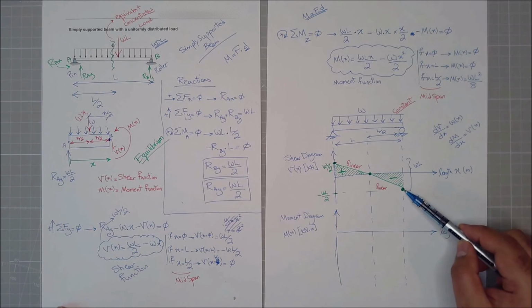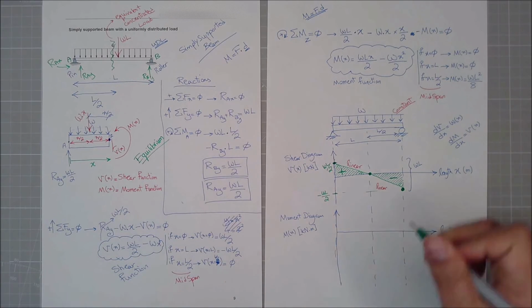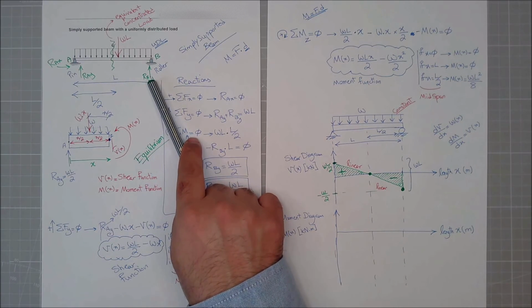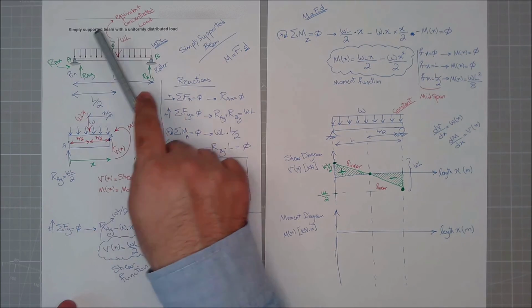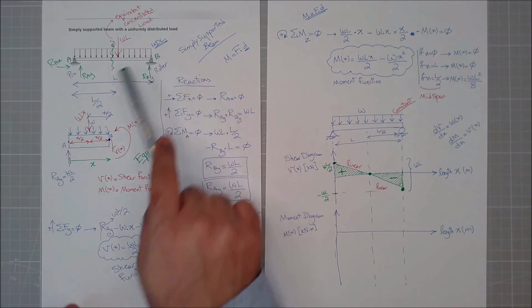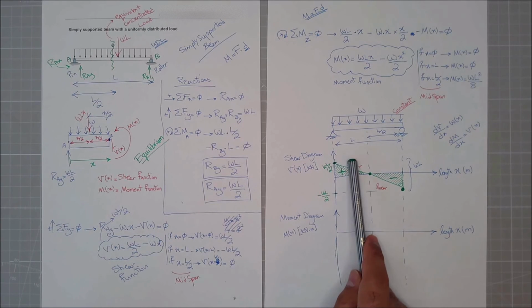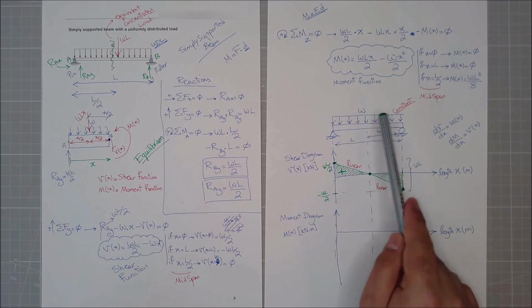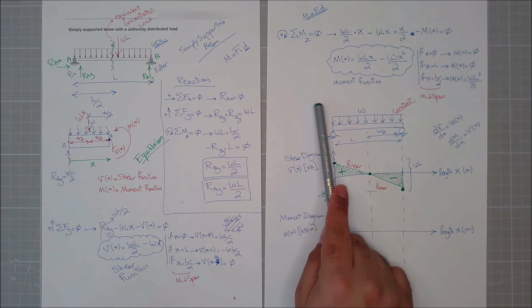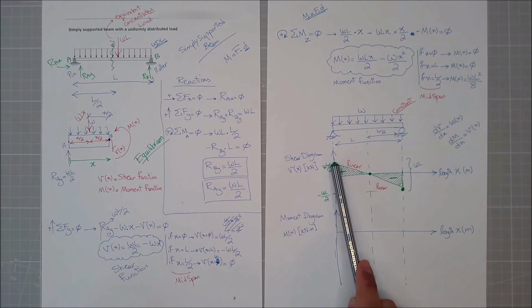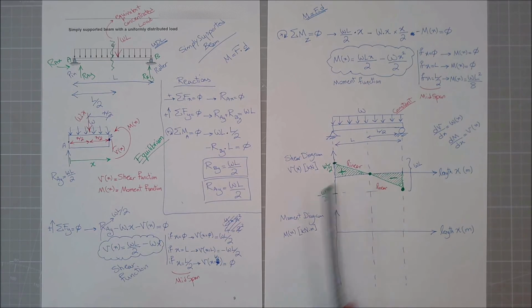And then when I reached the end point, I went up again equal to my last sword. Do you remember the samurai sword? A little bit of sword, a massive sword, a little bit of sword. And because this is distributed, the line will not go constant, it will go like this. In the previous examples, there wasn't any distributed load, so the loading was 0. That's why the shear was constant.